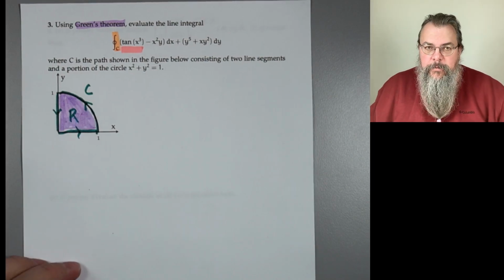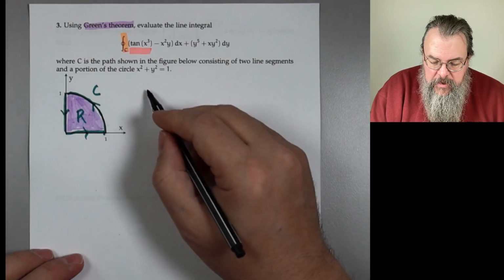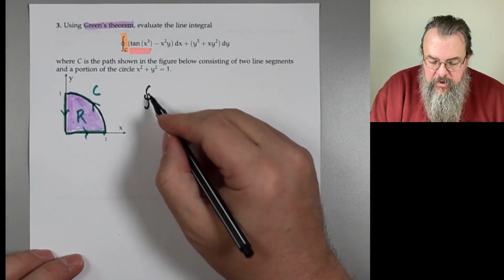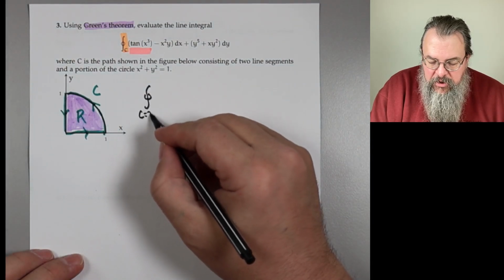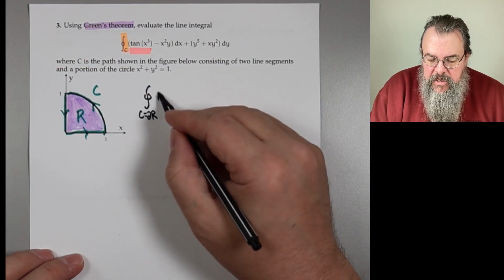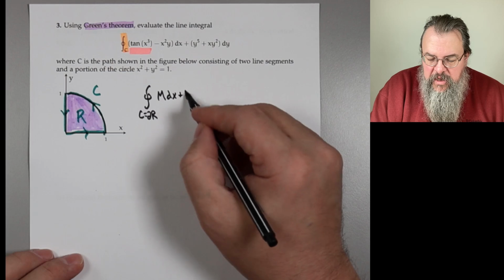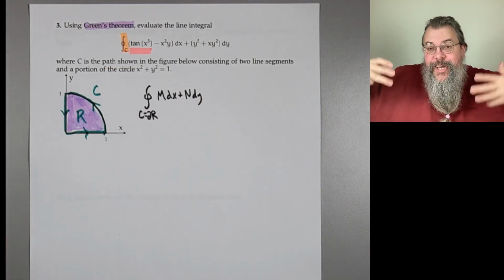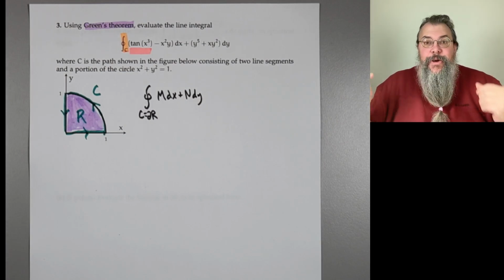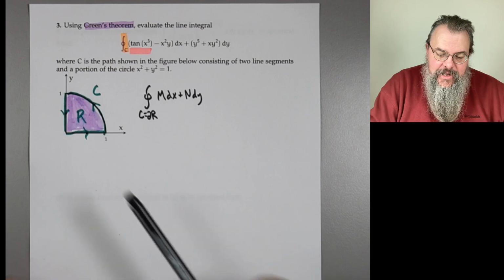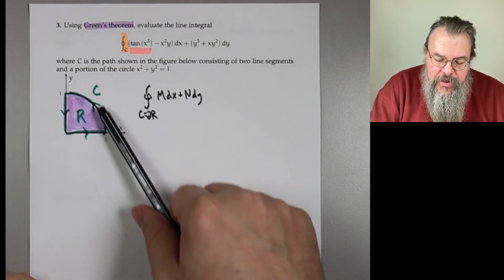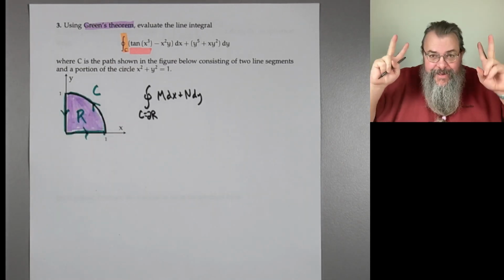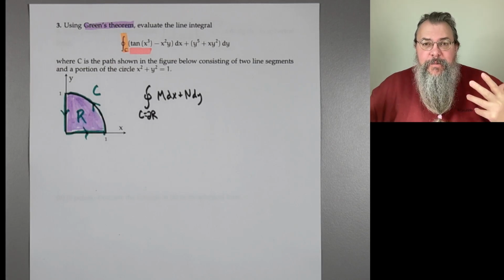It says if we are integrating on a closed curve around C, which is the boundary of our region, M dx plus N dy, and if the orientation is correct, which means that as we move around the curve, some people like to say counterclockwise, but I think it's a little bit more specific.